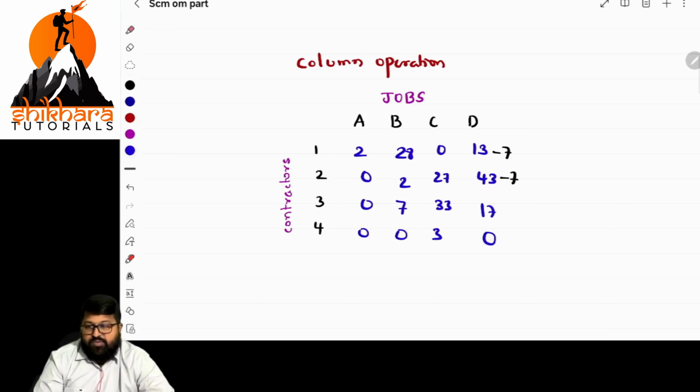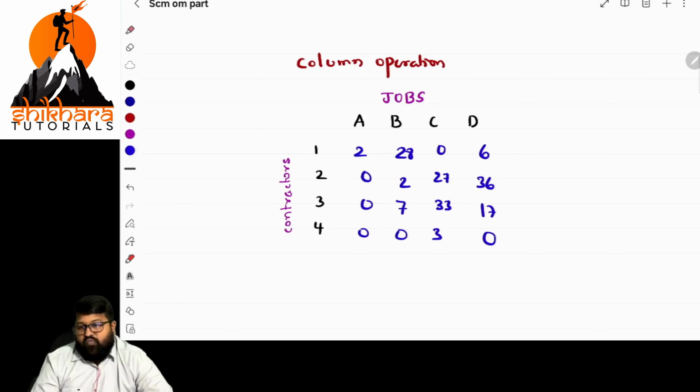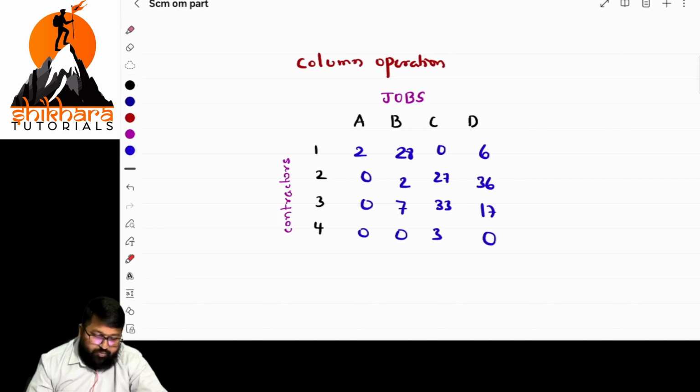And here it is how much more? 36. Alright, 36. And here it is, sorry, here it is 6. So now we are done with the row operation, column operation. So these are the first two steps. Is the second step clear, ma? If you are clear with the row operation, the column operation is very, very easy. Okay.